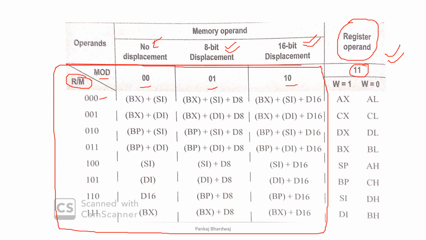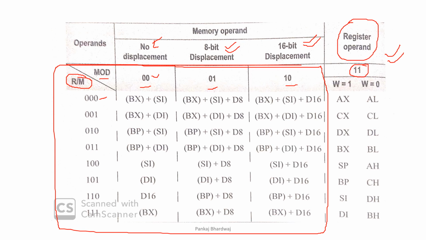In these 3 different scenarios we can calculate how the physical address of the memory is calculated. So if R/M is 0 0 0 and we are talking about the no displacement condition, that means BX plus SI will give you the total value of the physical address, where SI is the source index register.